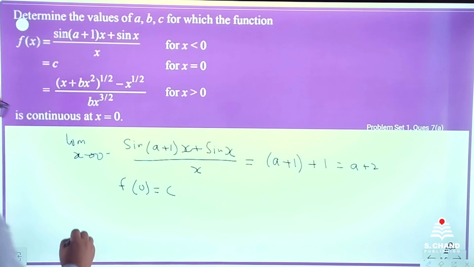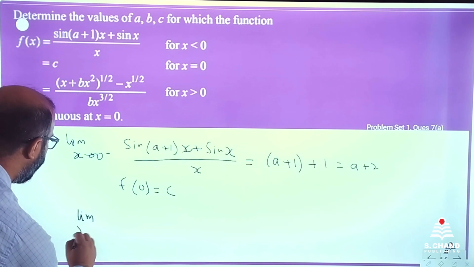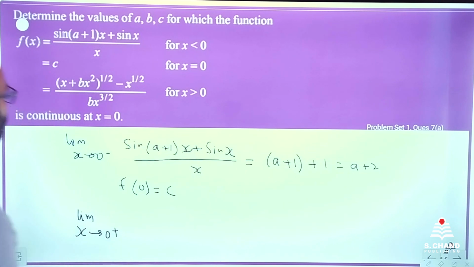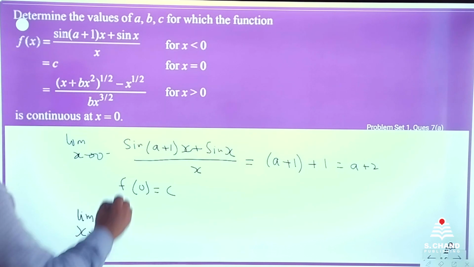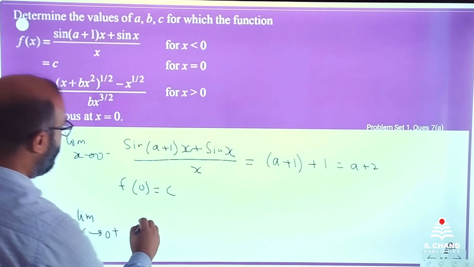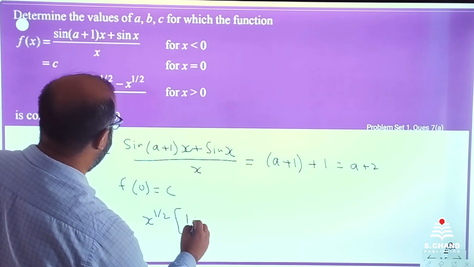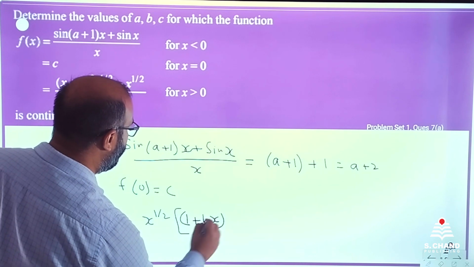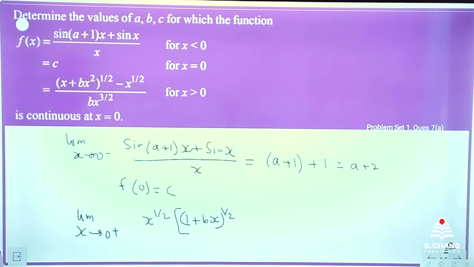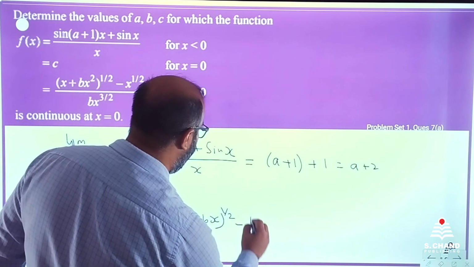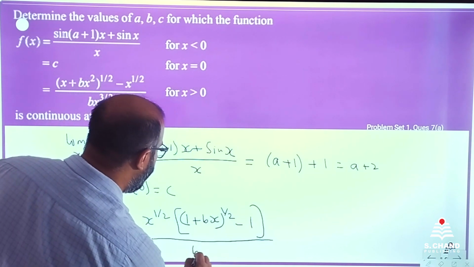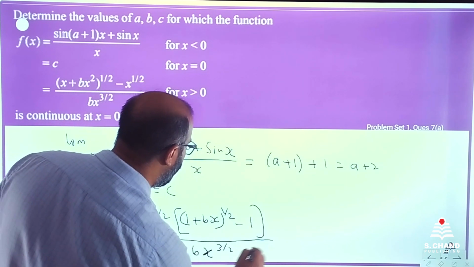And for 0 plus, if we take limit x tending towards 0 plus, we have this function. When we take it, this is 0 by 0 form. So first let us take x to the power 1 by 2 common in the numerator. We have (1 plus bx) to the power 1 by 2 minus 1, by b x to the power 3 by 2.